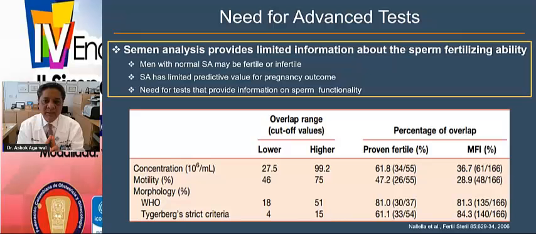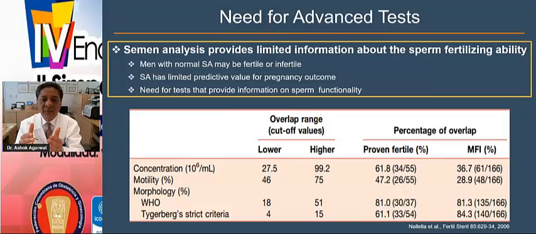So with that, you can see the results which we have reported in a publication. Here we are showing the overlap of the cutoff values, or the reference values, for main parameters of the semen, such as concentration, motility, and morphology. And you can see the lower and higher range of these cutoff values.